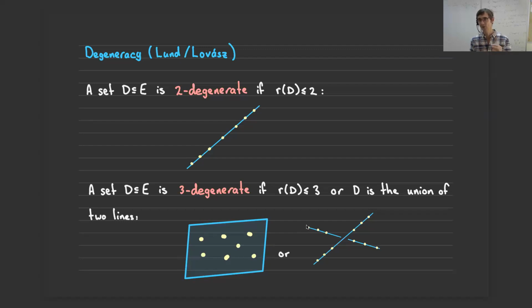I'm going to call a set 2 degenerate if it's got rank at most 2. You should think of a line, because usually they will be lines. For 3 degenerate sets, you should think of either planes or a pair of skew lines. So it's going to be a set of rank at most 3, or a pair of skew lines. That's what I mean by a 2 degenerate and 3 degenerate set.